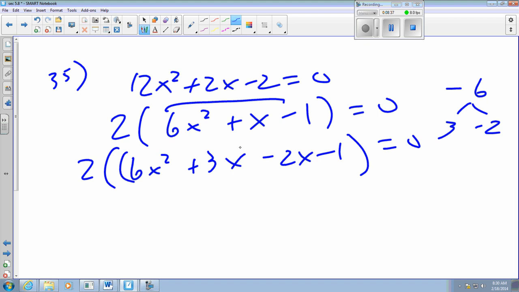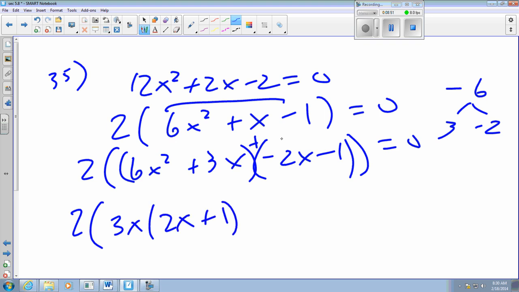Then I'm going to factor by grouping because there's 4 terms. And my greatest common factor, 2, stays out front, has nothing to do with the rest of the question. Greatest common factor looks like a 3x, leaving me with a 2x plus 1. I can take out a negative 1 there, leaving me with 2x plus 1. Why do I take out a negative 1 instead of a positive 1? Because I want these to match.